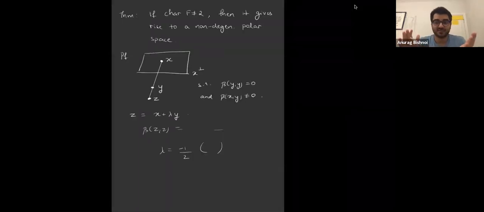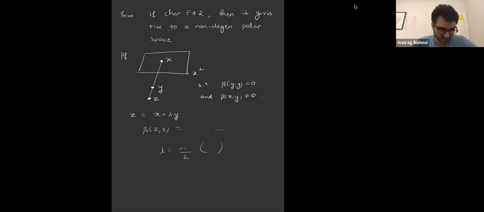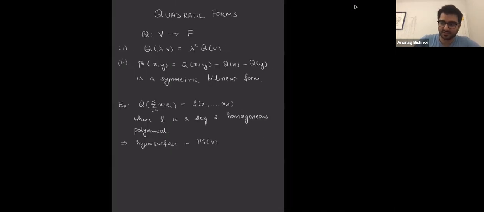That's one way of getting polar spaces. Now, that's not the only way. There are many, many ways of getting polarities and polar spaces. And if you actually want to understand even the symmetric bilinear forms, to characterize what sort of symmetric bilinear forms there are, what sort of different polar spaces you can get, and what sort of non-isomorphic ones, then it's really a good idea to go to something known as quadratic forms.